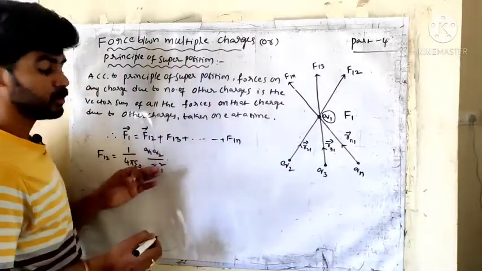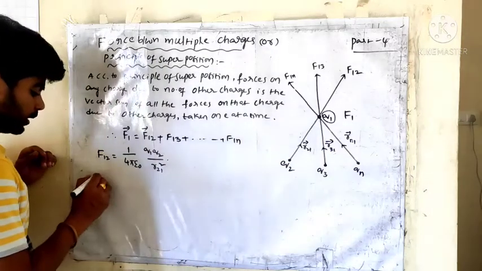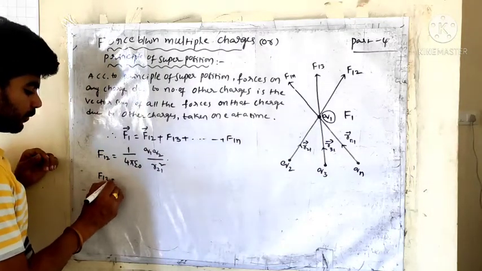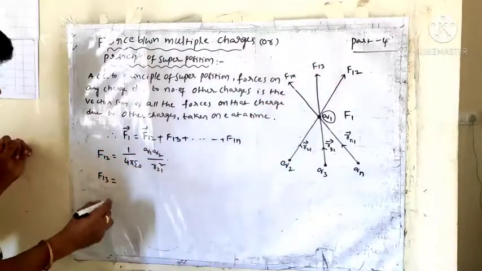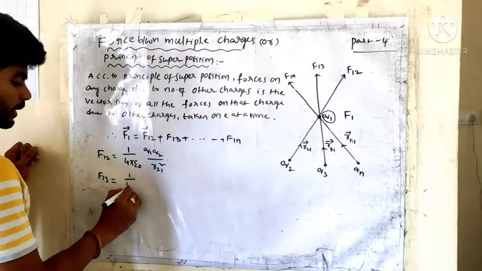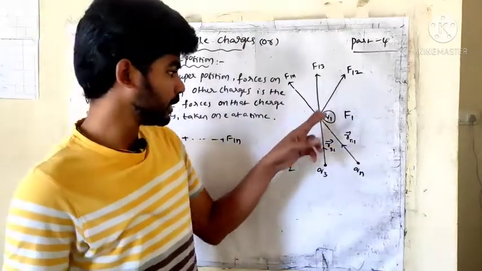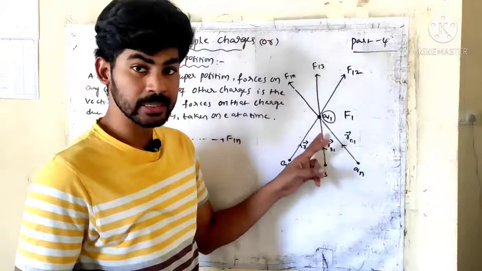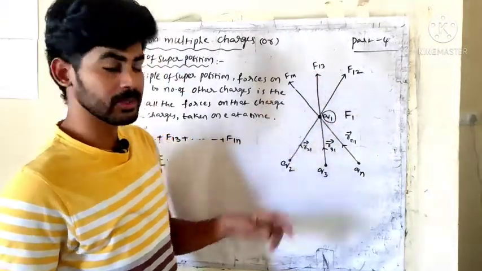You can multiply by the unit vector also; there is no change in value. Next, F13 is equal to 1 by 4 pi epsilon naught times q1 q3 by r31 squared. The charges q1 and q3 develop the force F13.